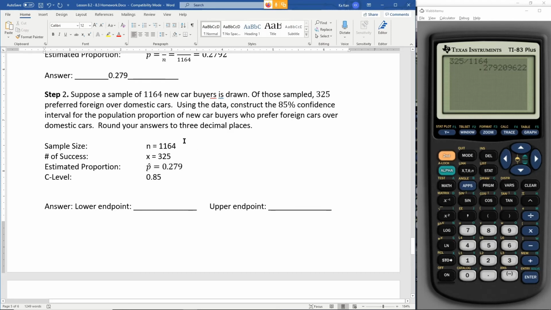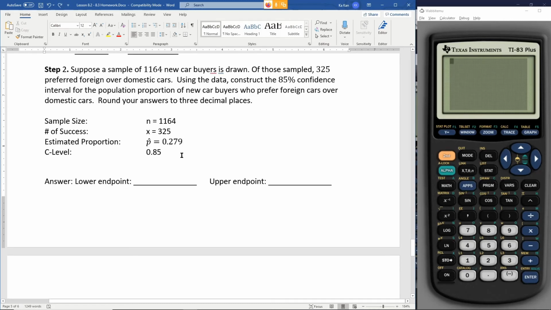Meaning, if I work at a car dealership, with 85% confidence, what percent of customers prefer foreign cars over domestic cars? That's basically the idea.